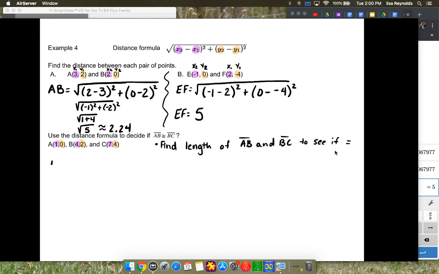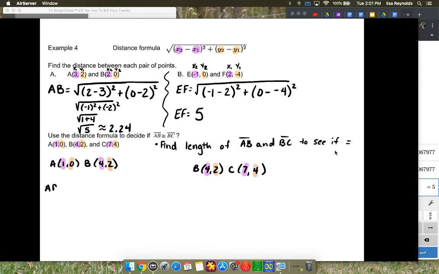We're going to work with A, which is 1, 0, and B at 4, 2. And then we're going to work with B, which is 4, 2, and C, which is at 7, 4. Keep in mind that the first numbers are the x's, and the second numbers are the y's for our distance formula.